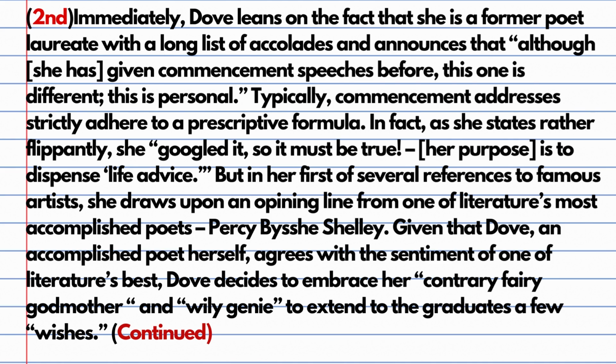Typically, commencement addresses strictly adhere to a prescriptive formula. In fact, as she states rather flippantly, she Googled it, so it must be true. Her purpose is to dispense life advice. So you can see here, go back to the first premise. These quotes and paraphrases are all germane to my first promise in the first premise, right? So your quotes and paraphrases have to be very deliberate.